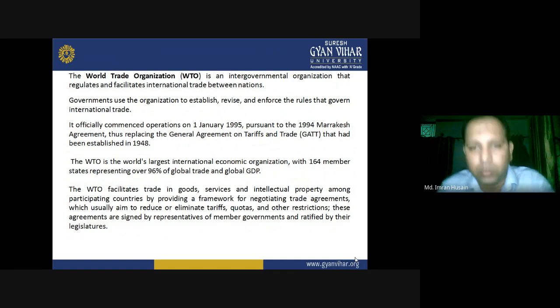So this body has been formed in order to carry out trading between the countries without any restriction, and it is a body of 164 members, and it controls 96% of the global GDP.